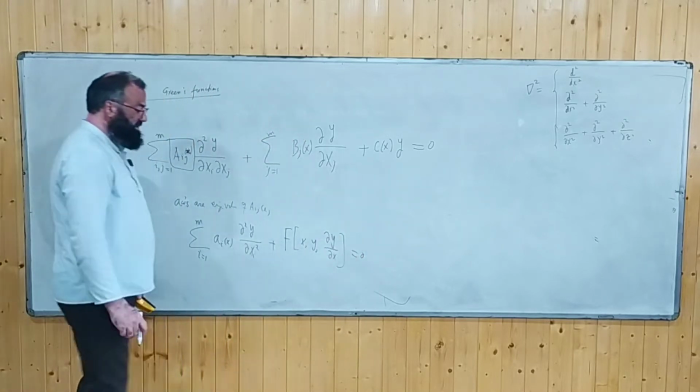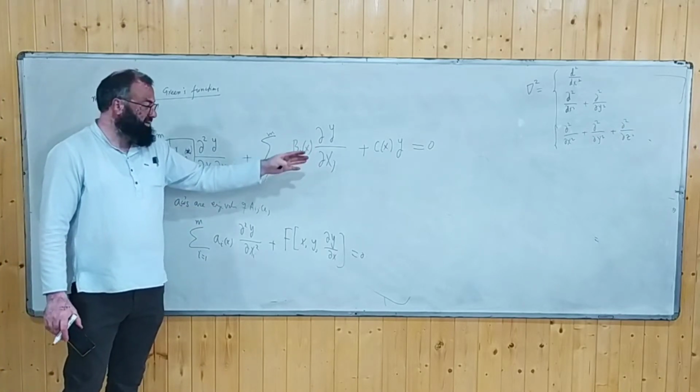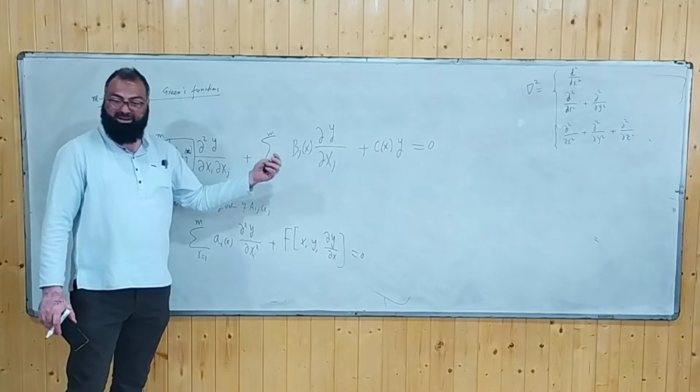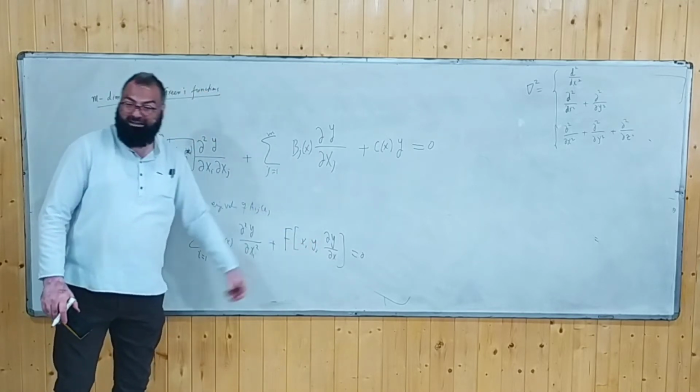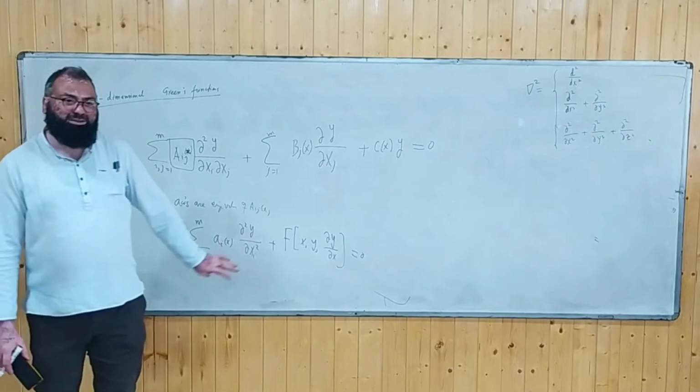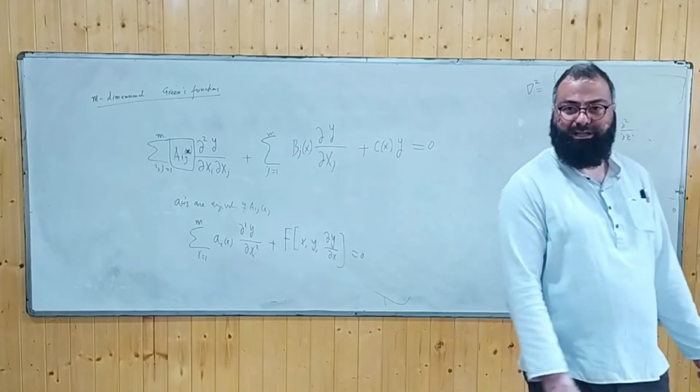So this contains all these terms. Once you make a coordinate transformation, you arrive at some new terms. Those will be dependent on x, y, and this derivative. You don't need to do this in general, but I am just saying you can have this kind of differential equation in m dimensions.